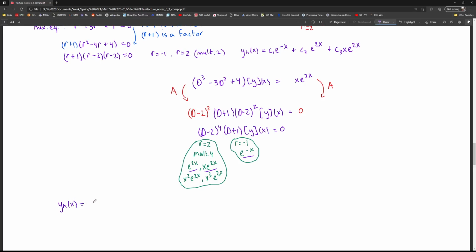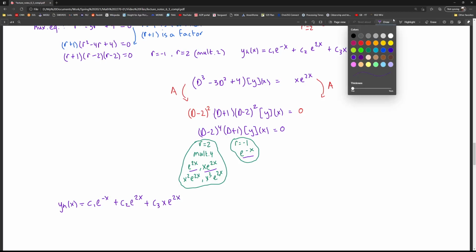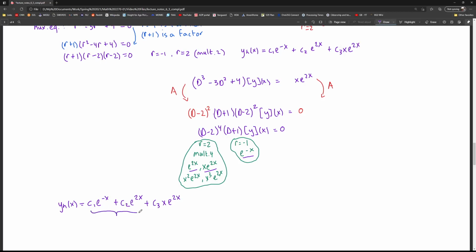So I can write that down as I did before, c1 e to the power -x plus c2 e to the power 2x plus c3 x e to the power 2x. I'm writing down the general solution.